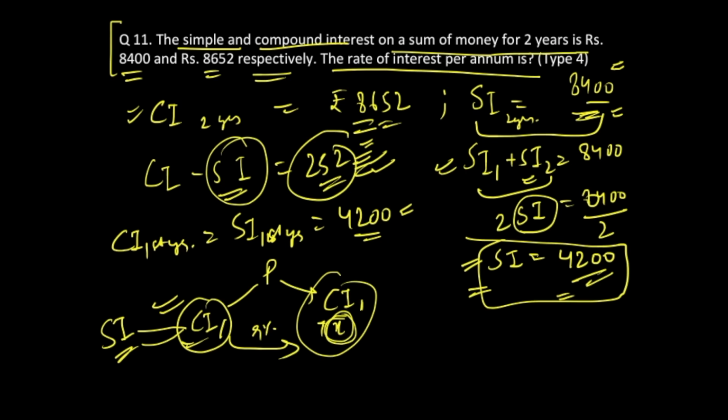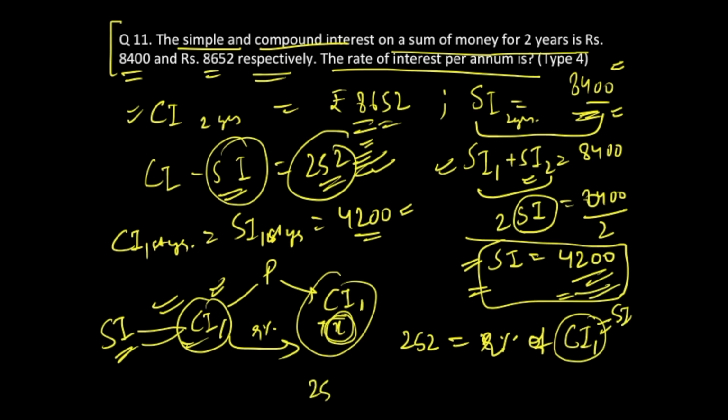So if you do this process, you're going to get that 252 is R% applied on the interest value of this CI1, or you can write this CI1 as the SI value, that is 4,200.